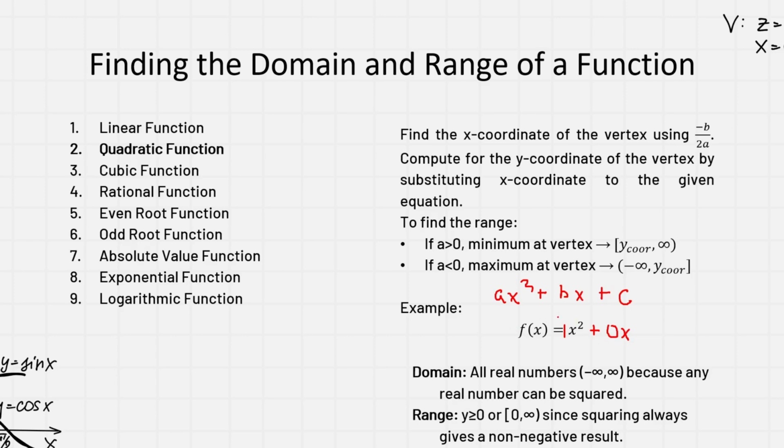To solve for the x coordinate, we will use the formula negative b over 2a, and since our b is 0 and our a is 1, so we have 2 times 1 here, this gives us 0 as our x coordinate.